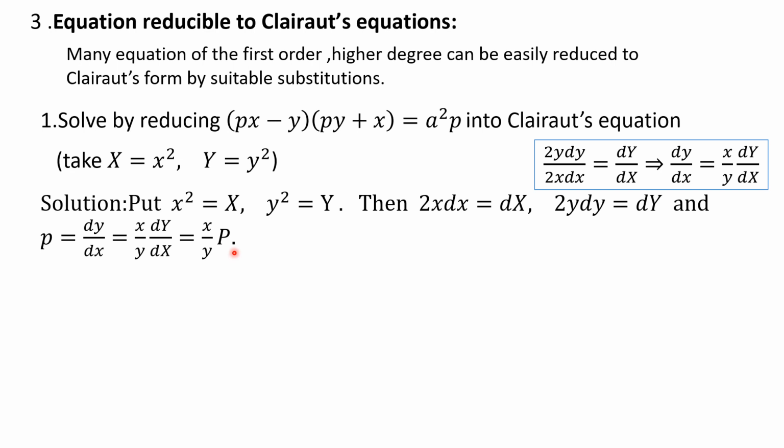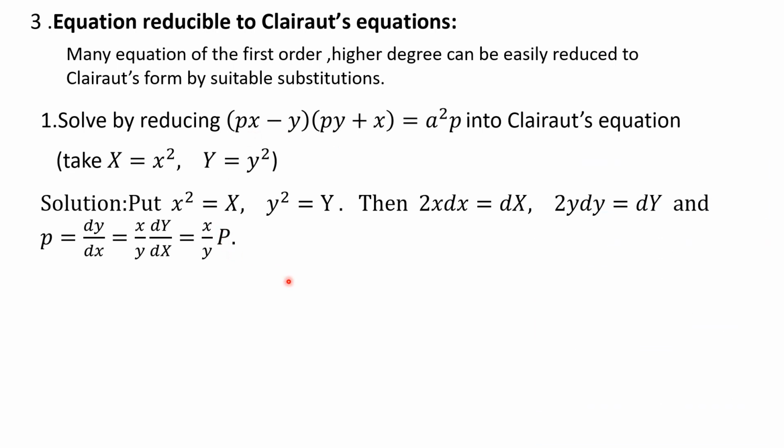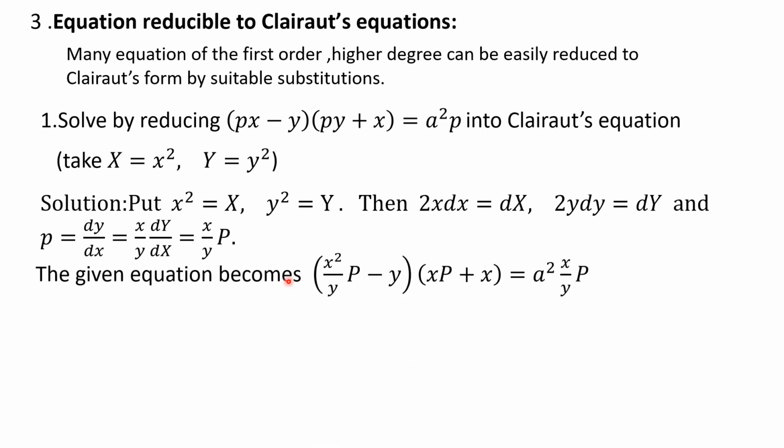So that means we have to substitute wherever x square, you take it as capital letter X, y square as capital Y, and P as x by y p. So I just substitute; the given equation now becomes P is equal to x by y p into x.